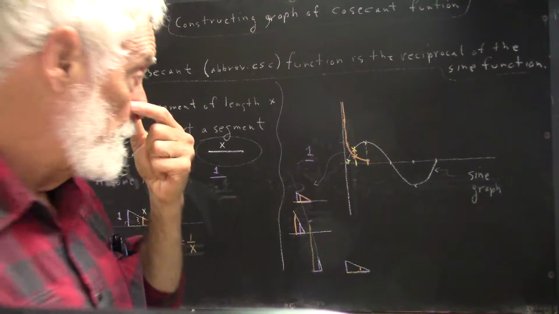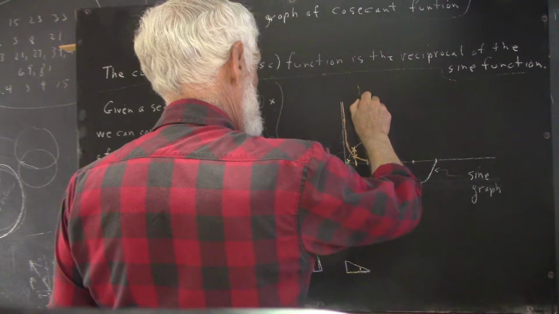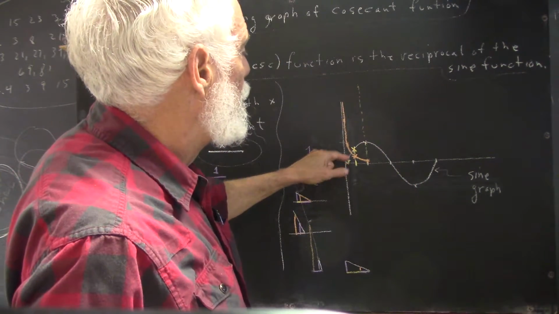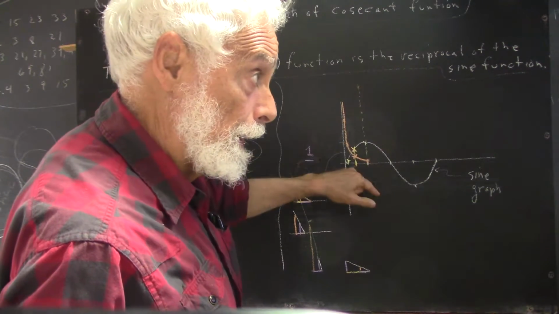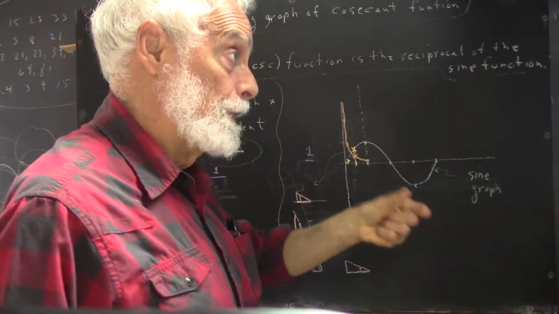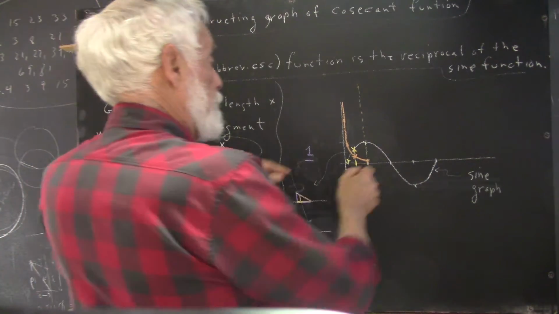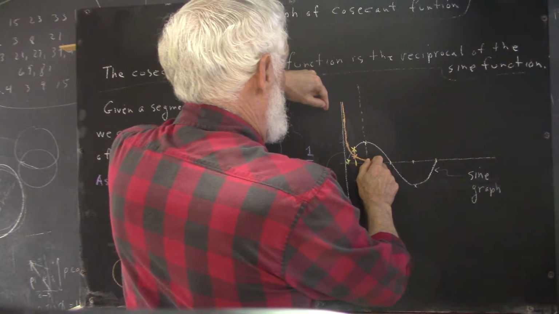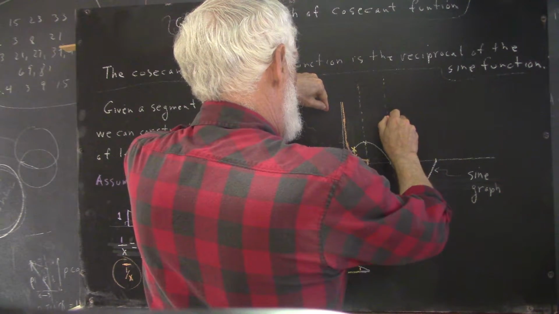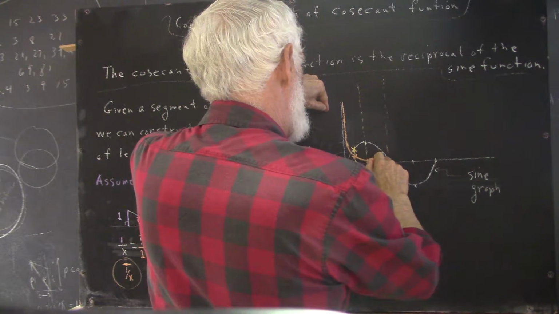Now, symmetry tells us that, well, the symmetry of this curve about this line, the symmetry of our sine function, which we can trace back to the nature of the reference circle, dictates that we have another vertical asymptote here.